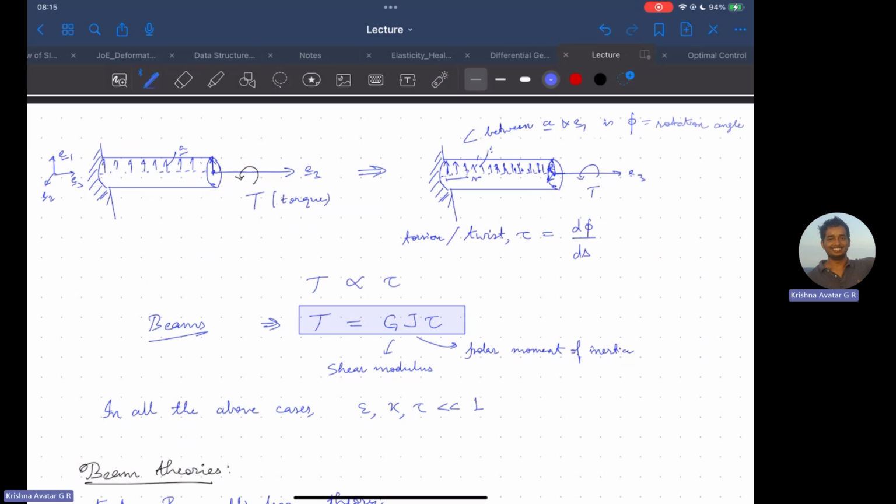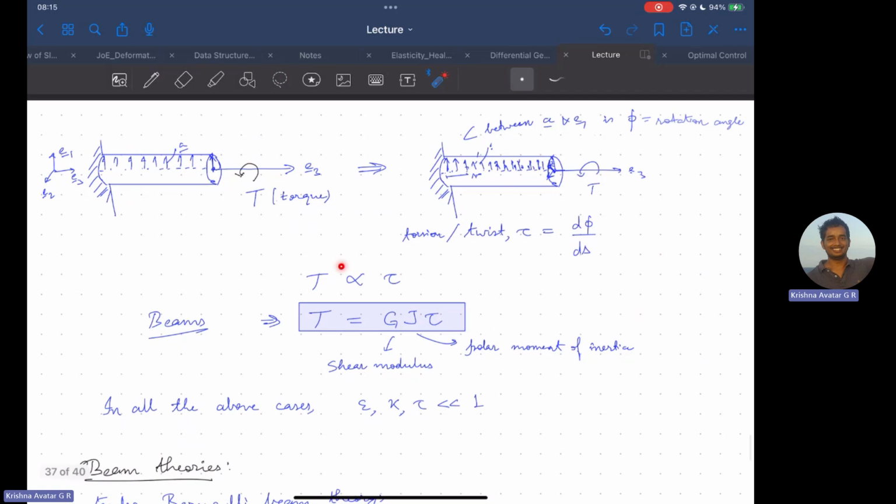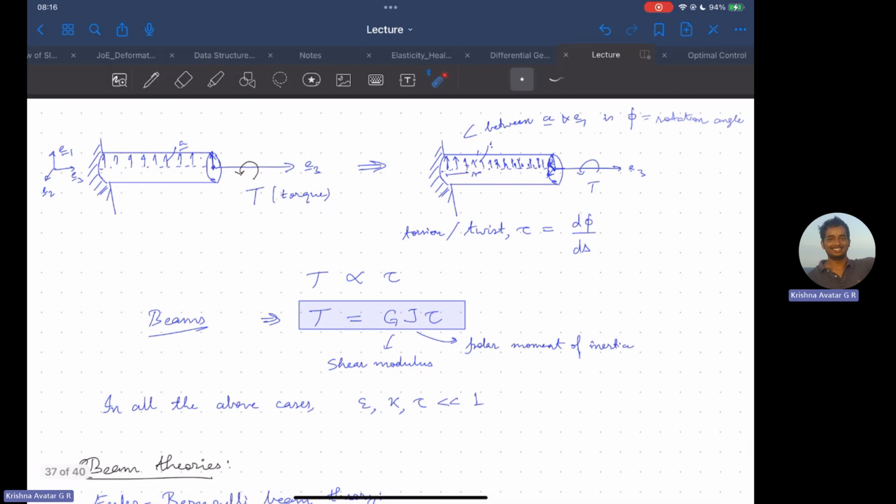Now we define something called a torsion or twist. Twist is given by d phi by ds. Again, following the linear Hookean law, since Hookean law is by design linear, T is proportional to tau, and the proportionality constant in this case is GJ.